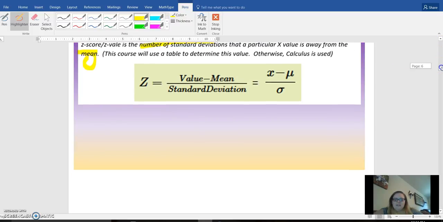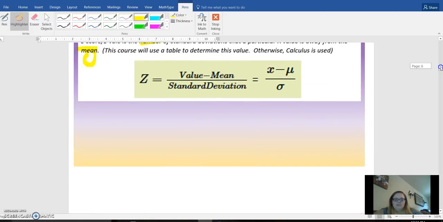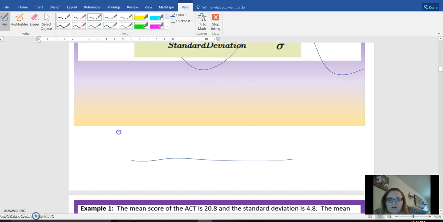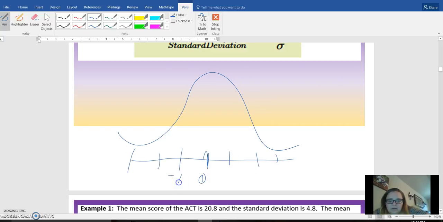It normalizes it. So for example, 0, 1, 2, 3. Pretend that's perfect.